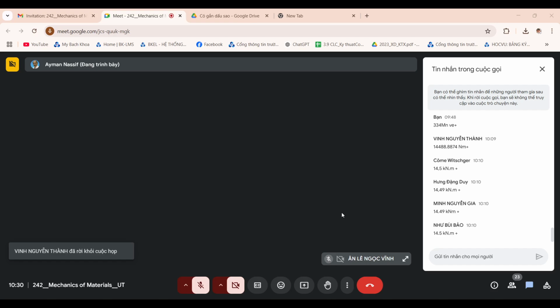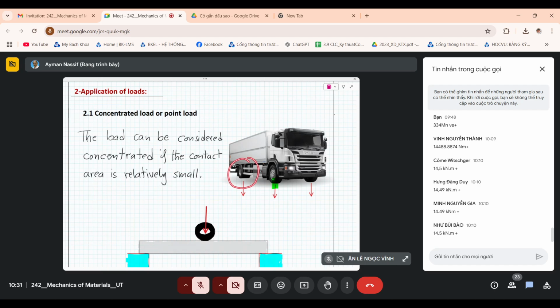So the load can be applied as what we say concentrated force. Like if you look here, you have the wheel of the truck, and the contact area is very small compared to the size of the wheel and the size of the truck and the size of the bridge.